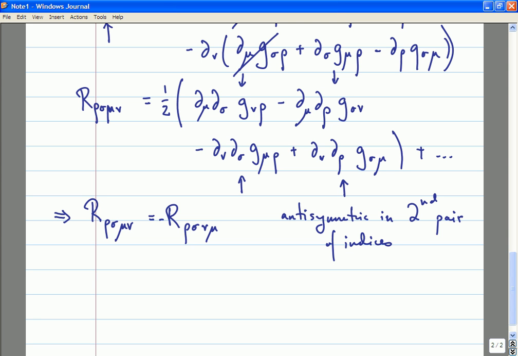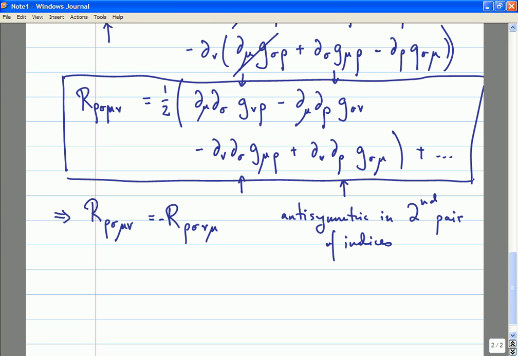That's not a surprise. But you can see here that this particular combination of second derivatives of the metric has a lot of other symmetries in addition to this interchange of the last two indices. For example, we could ask what would happen if you interchanged the first two indices. Well, if you interchange the first two indices, rho and sigma, then this first term here will be interchanged with this second term.